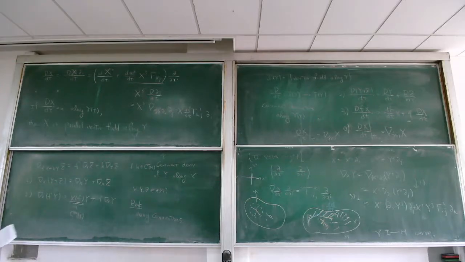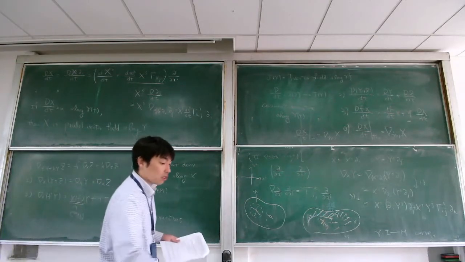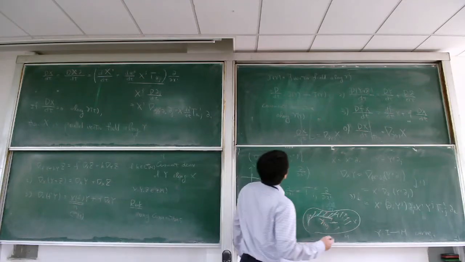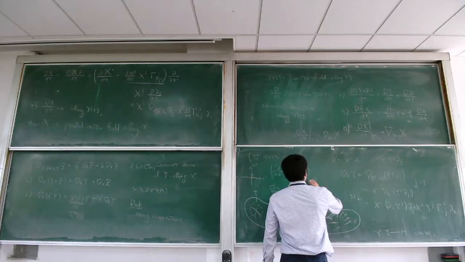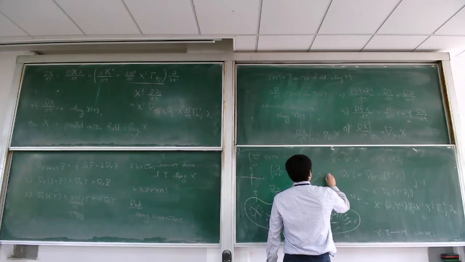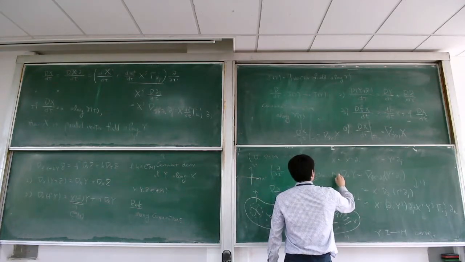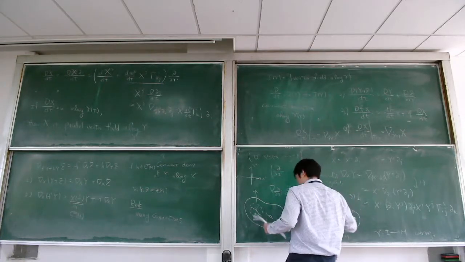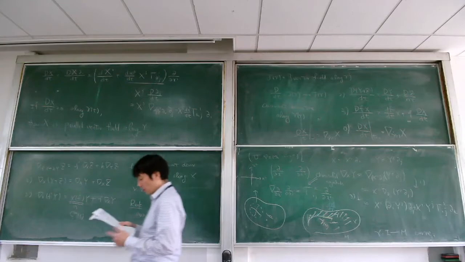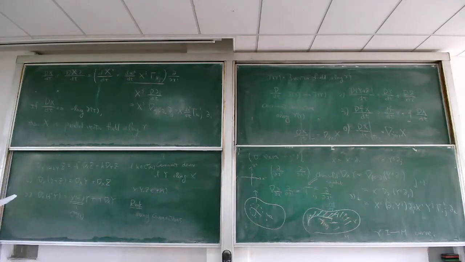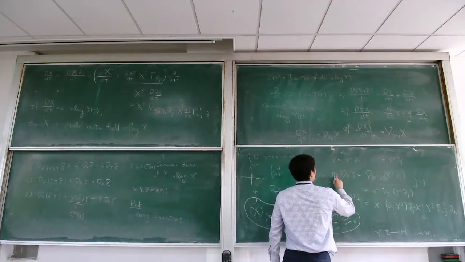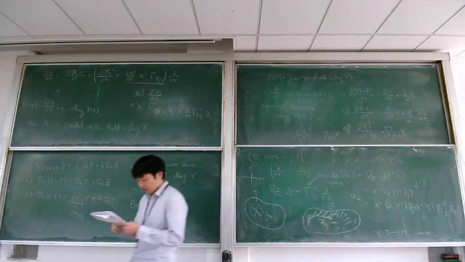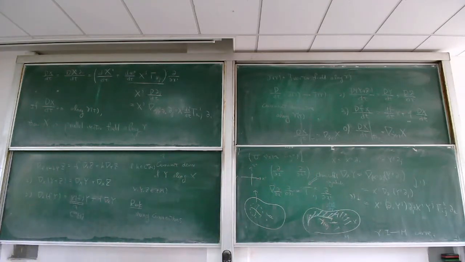This Gamma is called the Christoffel symbol, or sometimes just the connection.